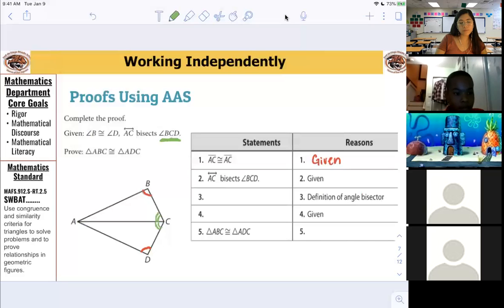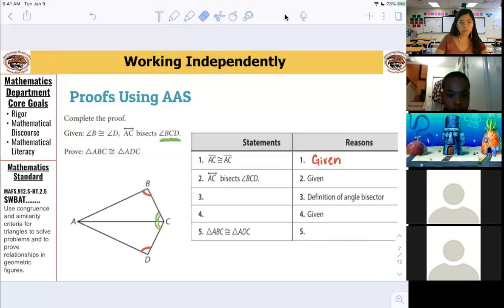BC and DC. So you're telling me that I know something about this side? Do I know that? No. What did I just highlight, guys? You're complicating this again. What did I highlight? C. Okay. But C is split into what?